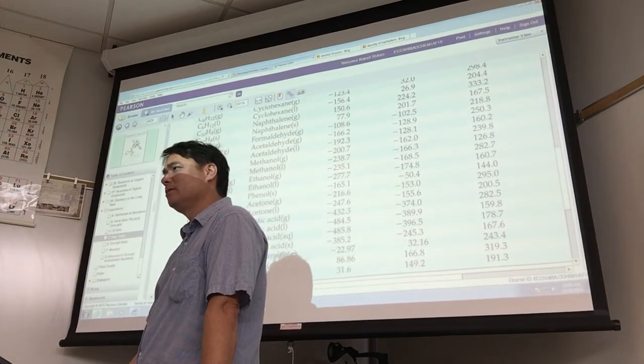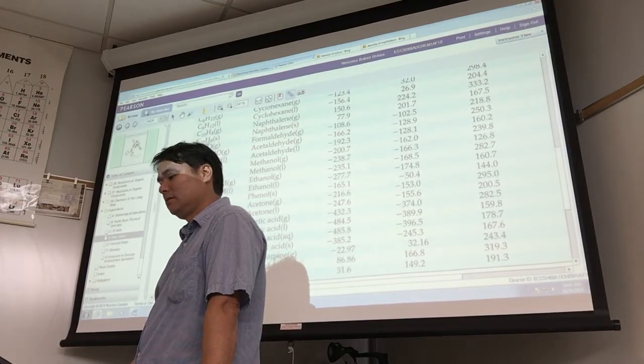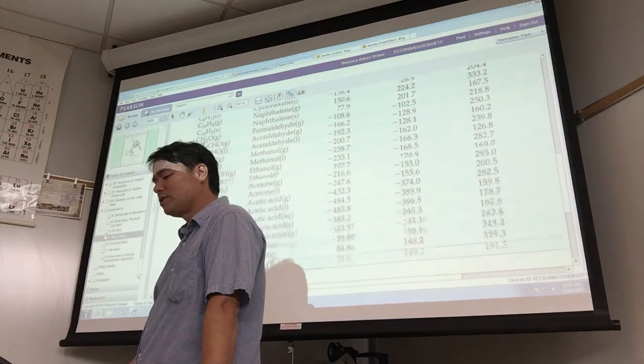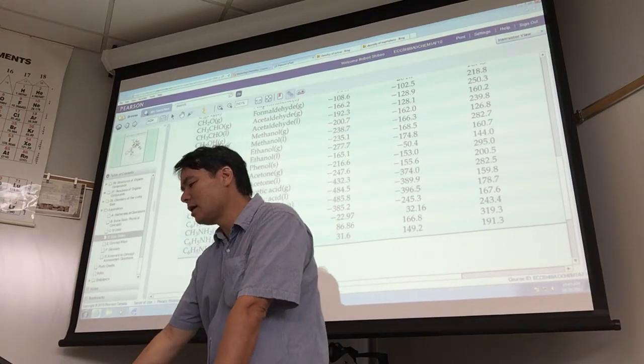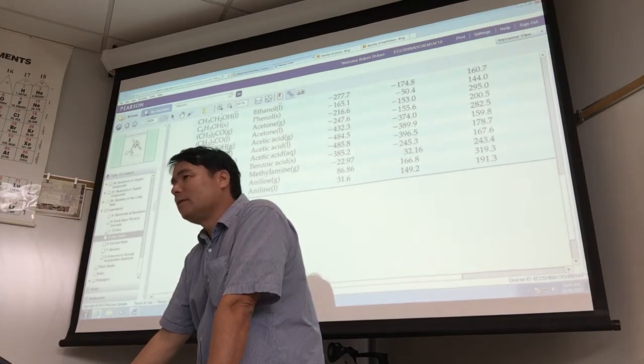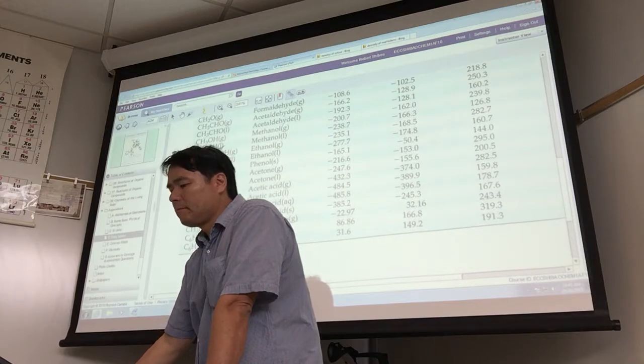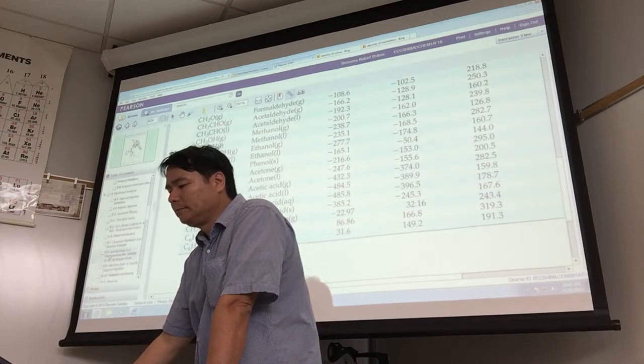Does acetic acid burn? Well, these aren't combustion reactions, they're just formation. Acetic acid does burn. Benzoic acid, methylamine, and you know what? Glucose is not here. Let's go back to the problem.